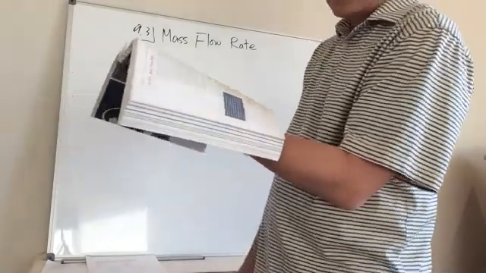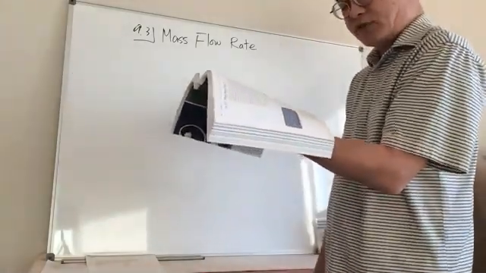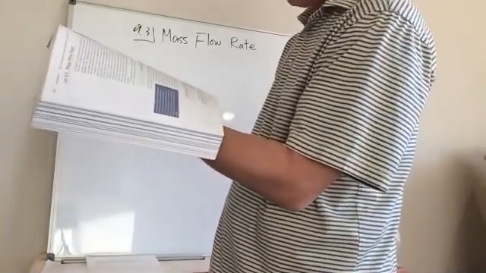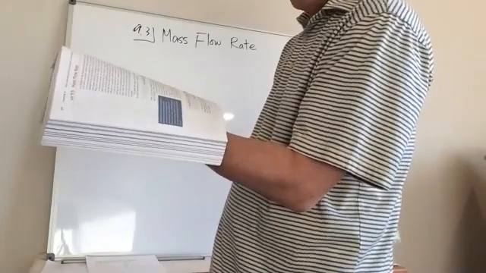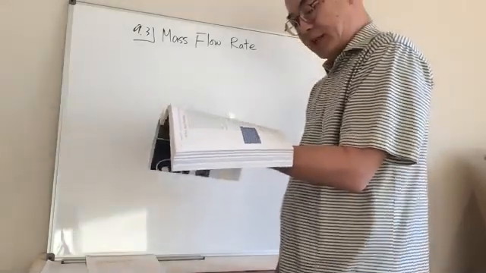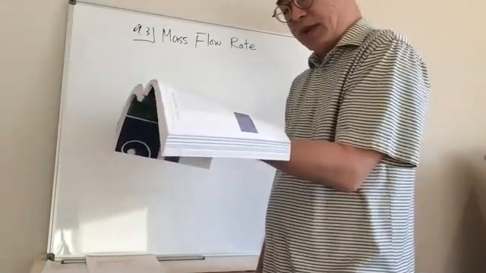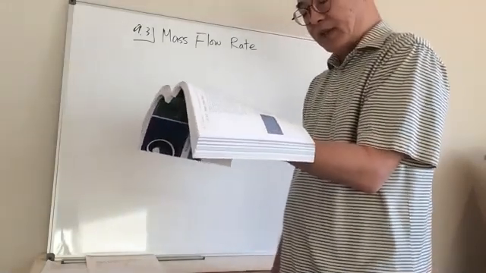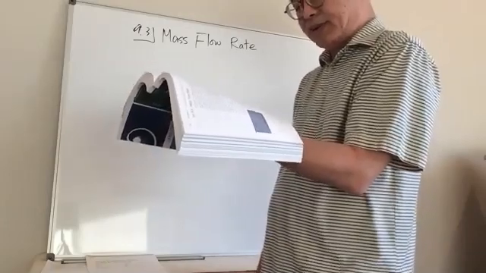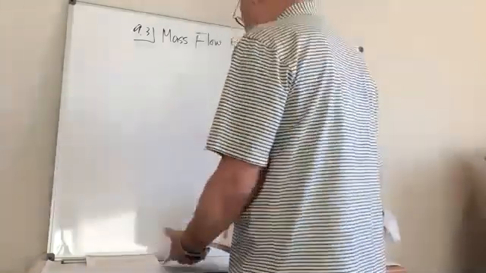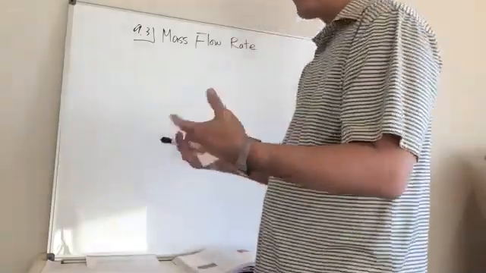Underneath that equation is an interesting fact. It says the mass flow rate calculation is also important in excavation or tunnel digging projects in determining how much soil can be removed in one day or one week, taking into consideration the parameters of the digging and the transport machines. Why is this important?